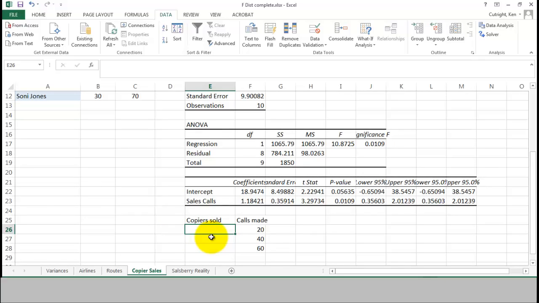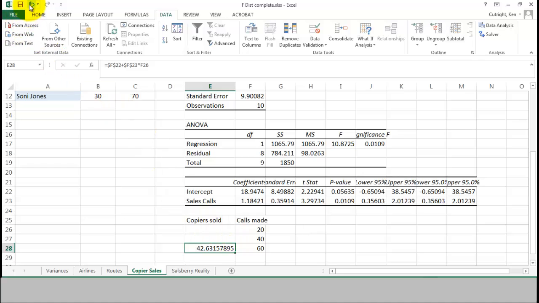We're going to use the regression equation equals the intercept, and I'm going to make that an absolute reference, plus the slope, and that needs to be an absolute reference, multiplied by the number of calls made, and that needs to be a relative reference.